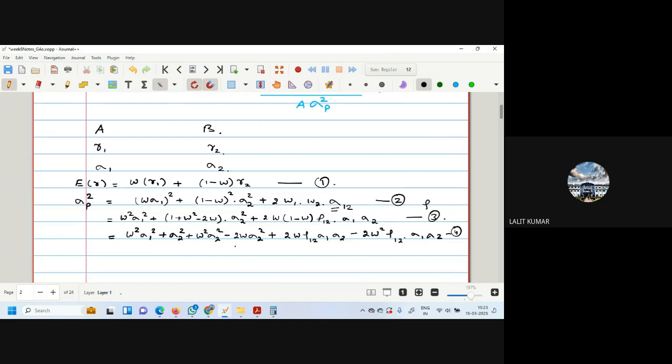So we can take the derivative of this variance with respect to W. This will become 2W sigma 1 squared, this is 0, this will become 2W sigma 2 squared, this will become minus 2 sigma 2 squared, and this will become 2 into correlation coefficient 1 2 sigma 1 sigma 2. Is this okay? And now we equate it to 0.